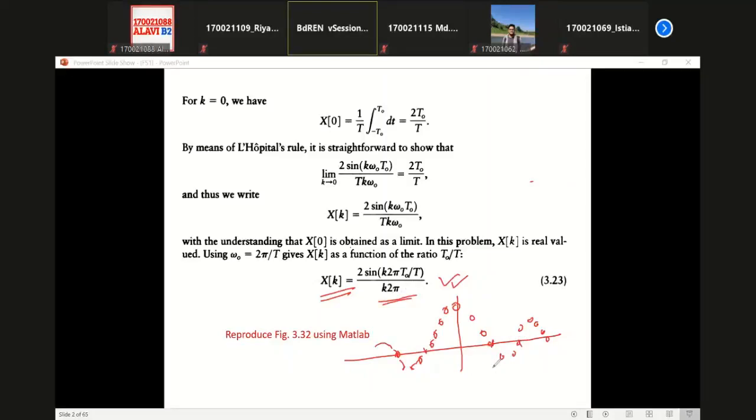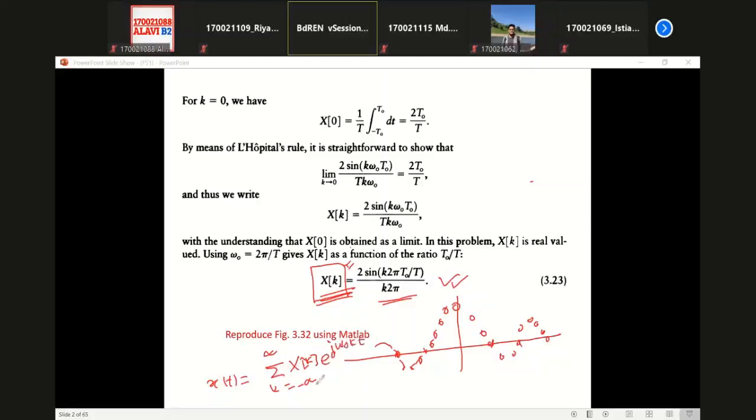Now, this Fourier coefficient is nothing but the amplitude of our harmonics for a particular value of k. So if we know the amplitude of this quantity, then our signal is expressed as x(t) equal to the sum from k equal to minus infinity to infinity of X_k, the Fourier constant, the reconstruction equation or synthesis equation, e to the power j omega 0 kt.